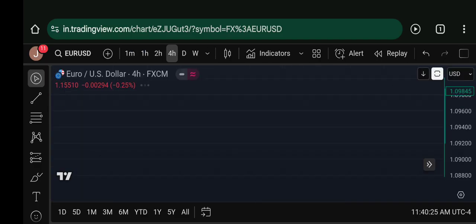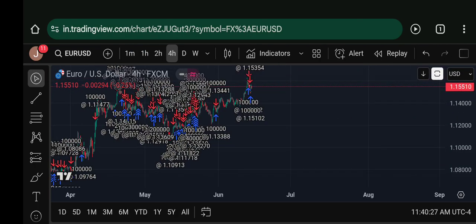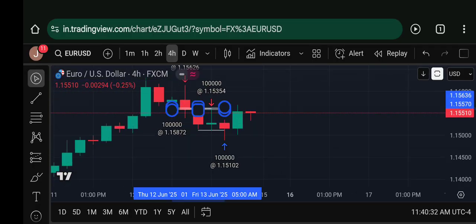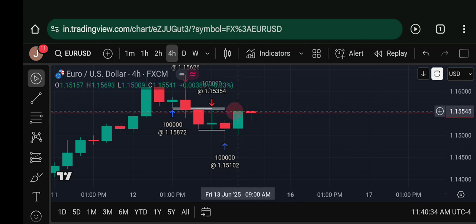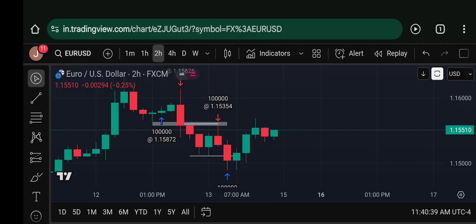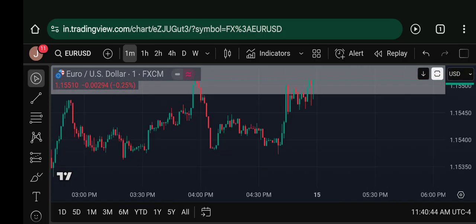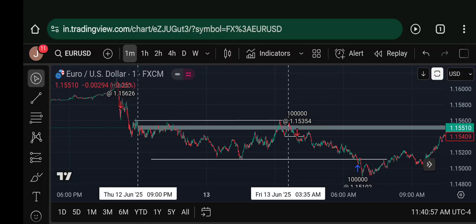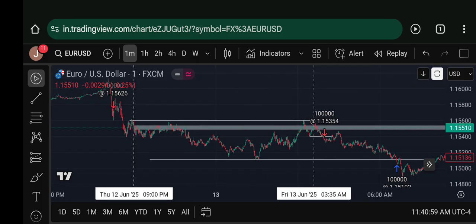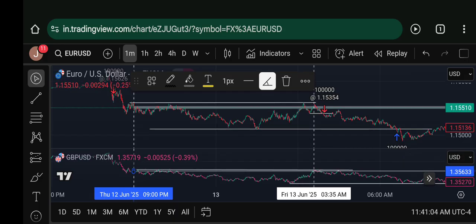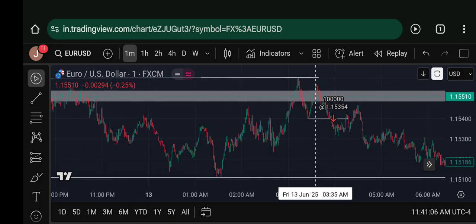So first of all, sorry guys, 4 hour IRL to this ERL was our target, and 2 hour time frame was also running, 2 hour IRL to this ERL, and a minute SMT, where euro made a buy side liquidity sweep here, and GBP respected a fair value gap here, the same fair value gap which got disrespected and made a buy side liquidity sweep here.